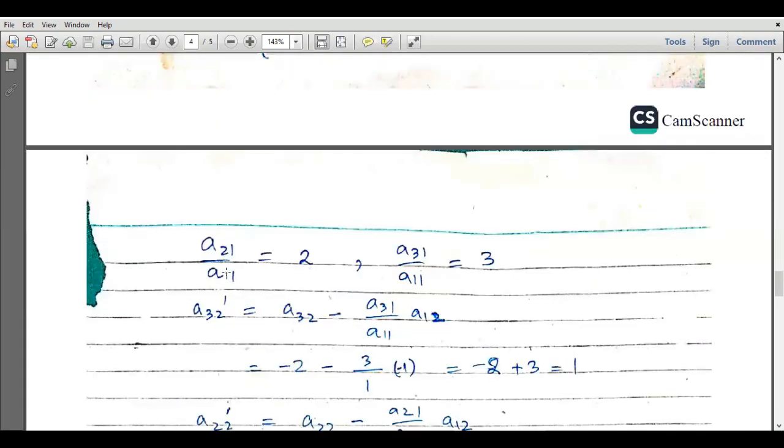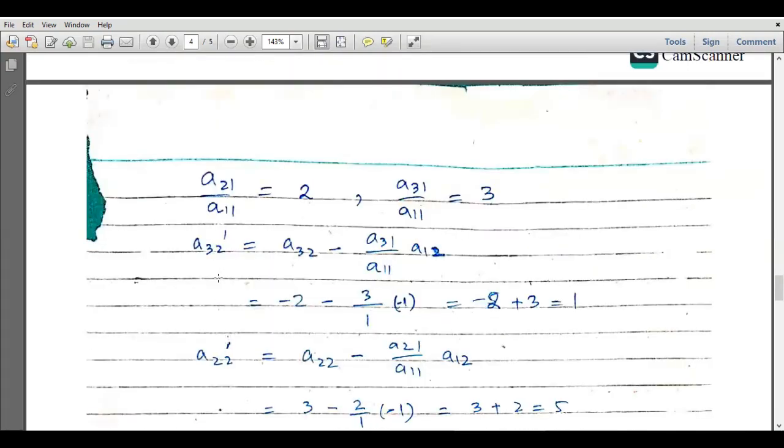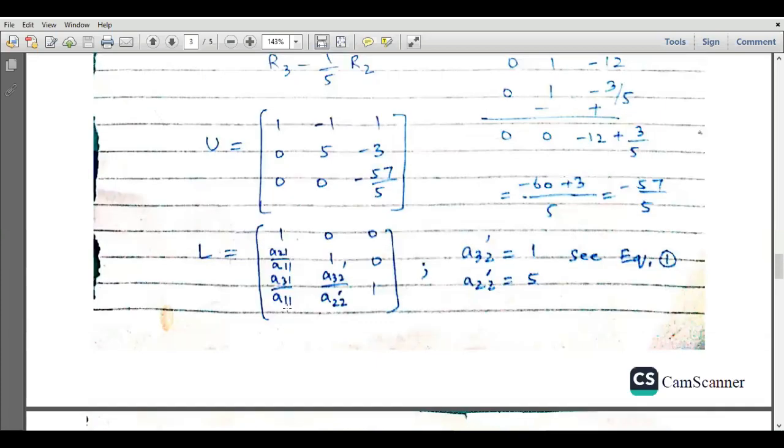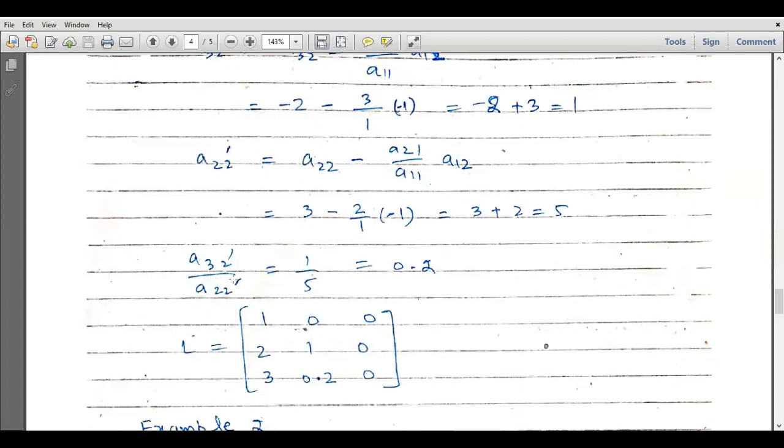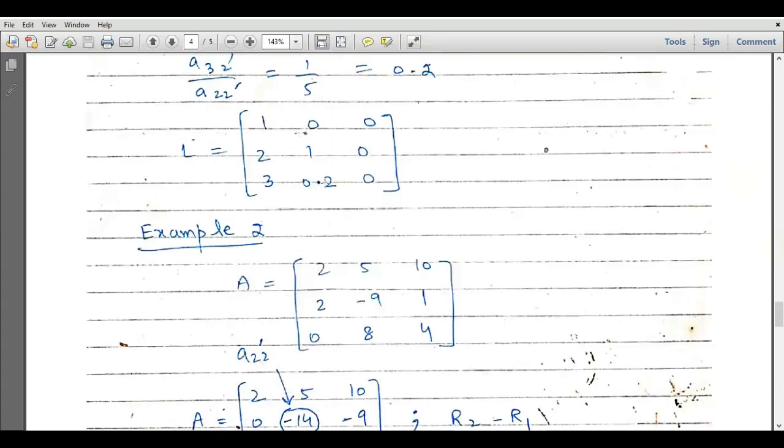So if you do not evaluate these two entries explicitly, you can observe that you already have these entries calculated. So A32 dash over A22 dash is equal to 1 by 5, which is equal to 0.2. So you can put 0.2 directly over here and that will give you the answer. So this is our lower triangular matrix.